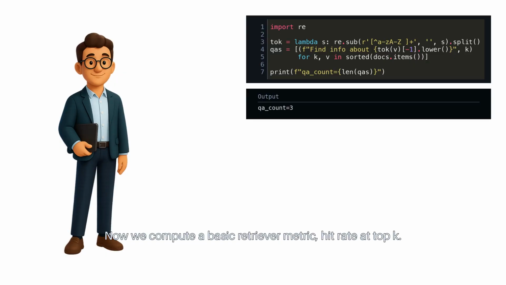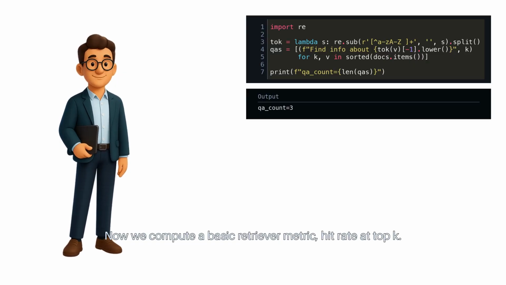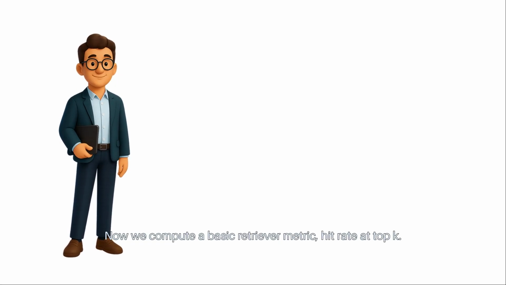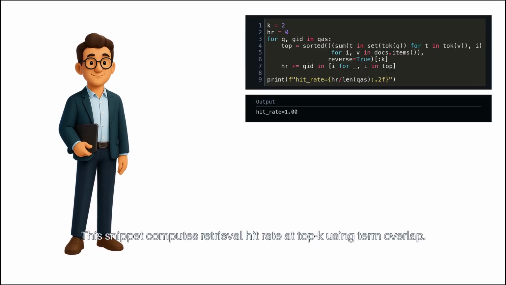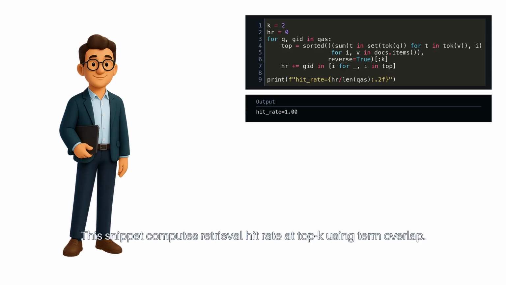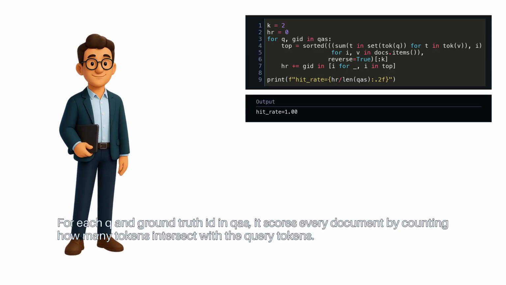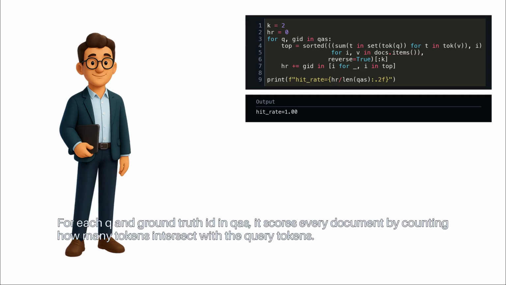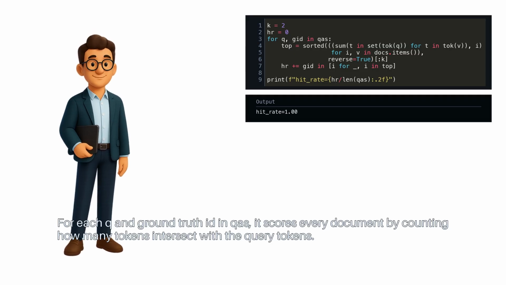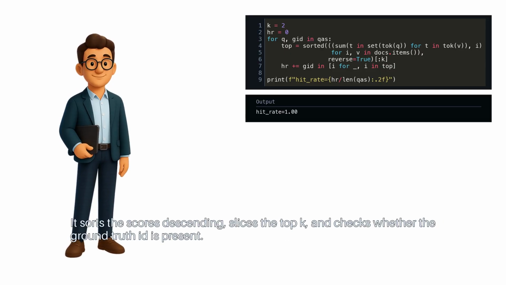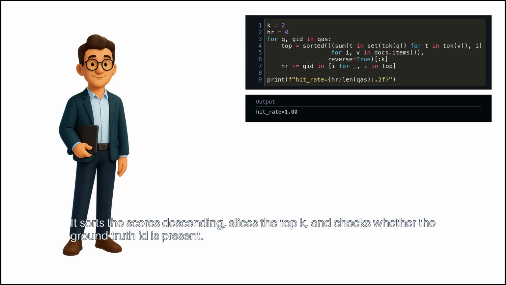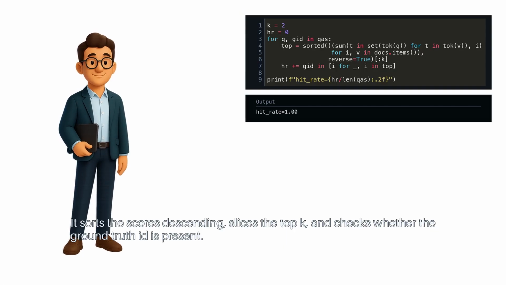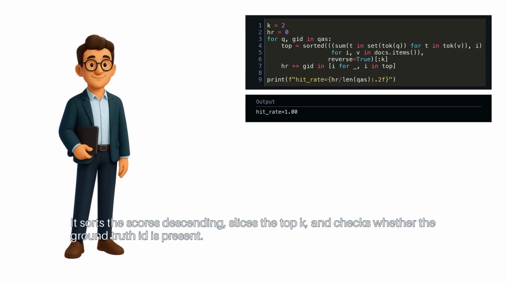Now we compute a basic retriever metric, hit rate at top K. This snippet computes retrieval hit rate at top K using term overlap. For each Q and ground truth ID in QAS, it scores every document by counting how many tokens intersect with the query tokens. It sorts the scores descending, slices the top K, and checks whether the ground truth ID is present.